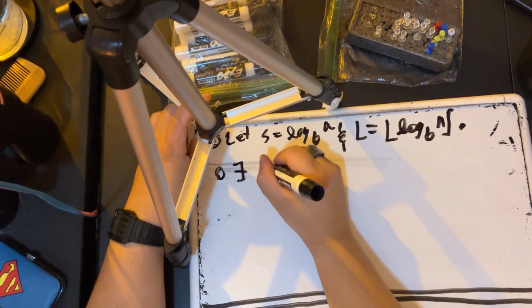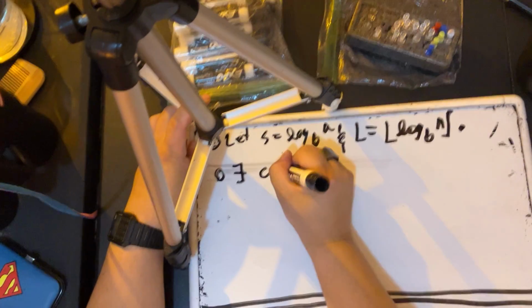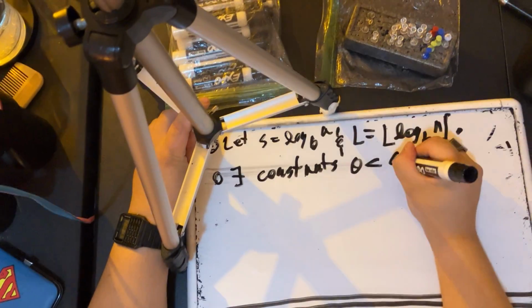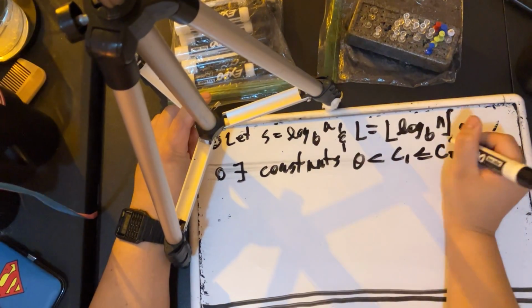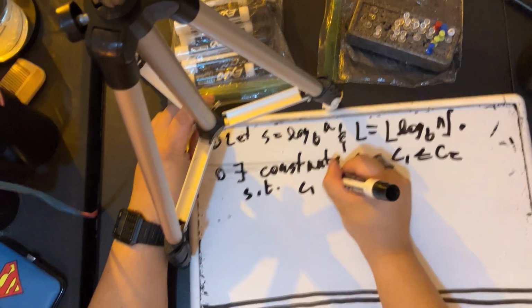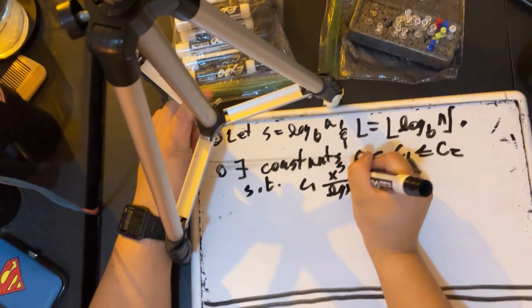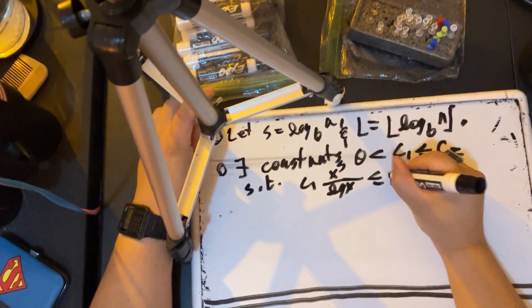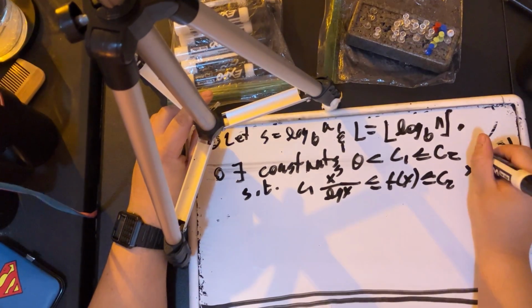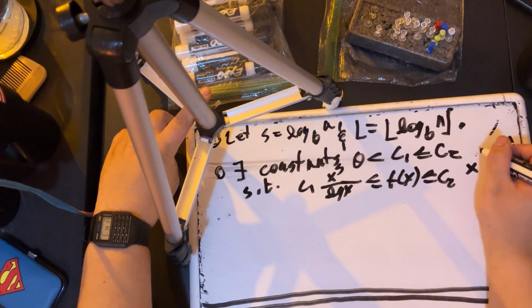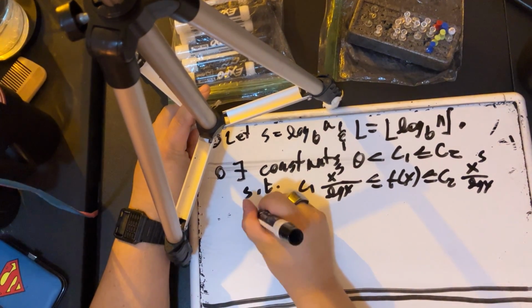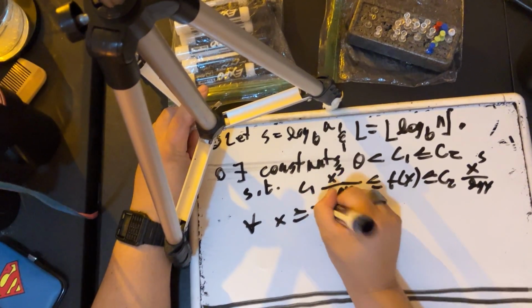Well, then there exist constants 0 less than c sub 1, which is less than or equal to c sub 2, such that c sub 1 times x to the s over log of x is less than or equal to f of x, which is less than or equal to c sub 2 times x to the s over log x for all x greater than or equal to 2.